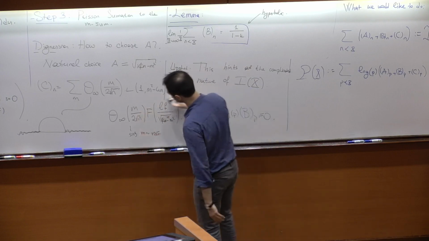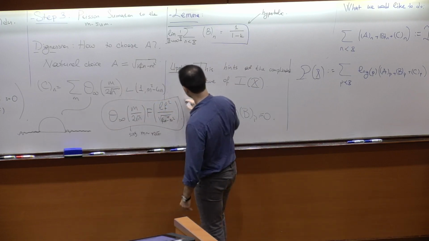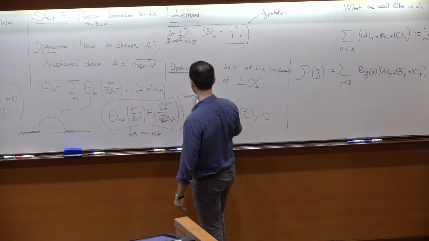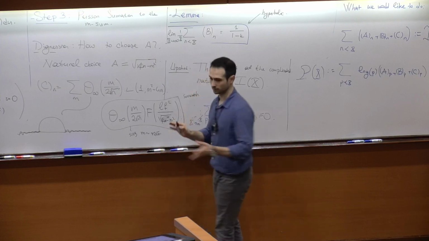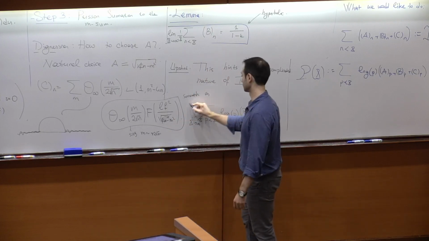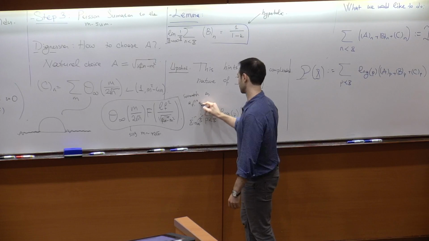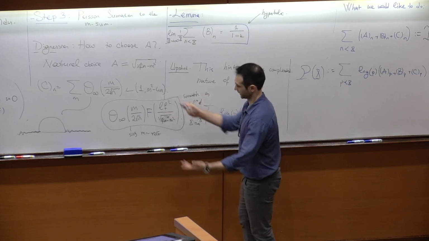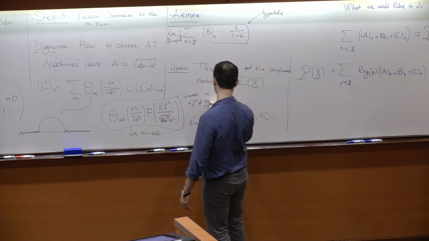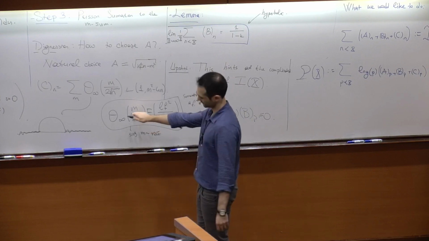So in particular, this whole thing is smooth, or very highly differentiable as a function of m and n, both of them. Well, n has an issue at 0.